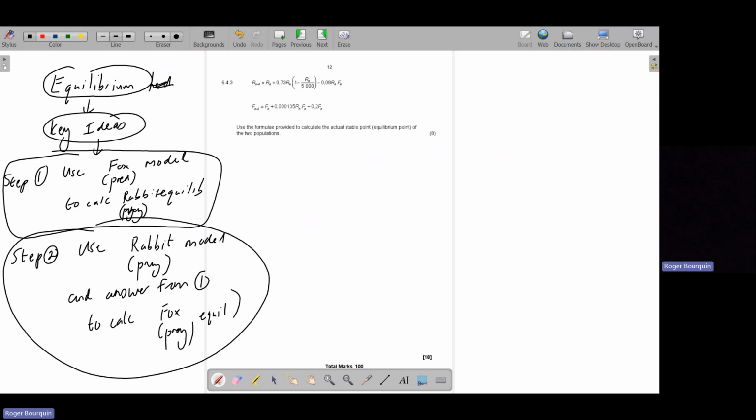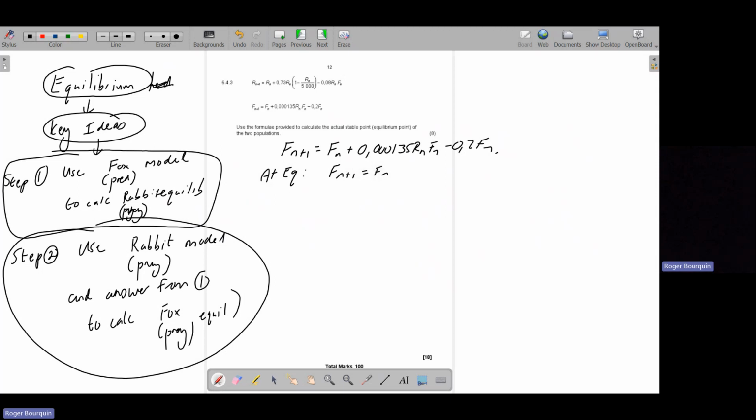So first of all, we have to work with the fox model, which says Fn+1 is equal to Fn + 0,00135 Rn Fn − 0,2 Fn. But at equilibrium, Fn+1 is equal to Fn.